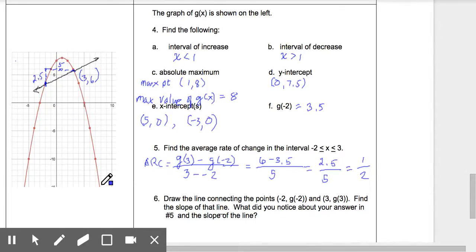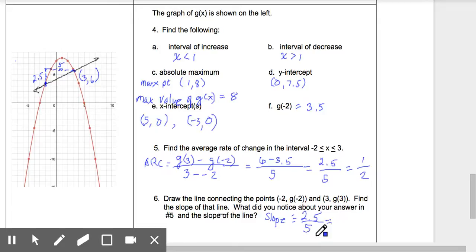So the slope is the number of steps we went up, and that is 2.5. So going up 2.5 and going to the right 5, that's going to be positive. Right 5, going up 2.5.